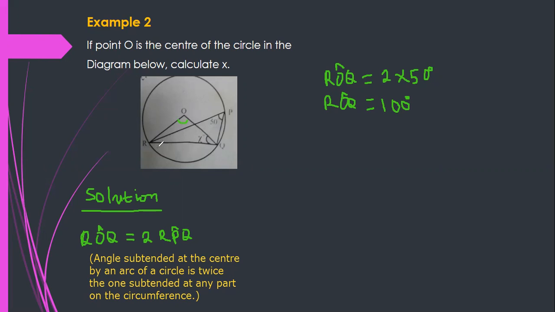And I said that this triangle ROQ, if you look at it very well, is an isosceles triangle. So the base angles of an isosceles triangle are equal.